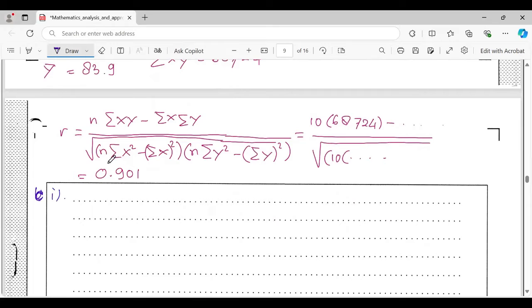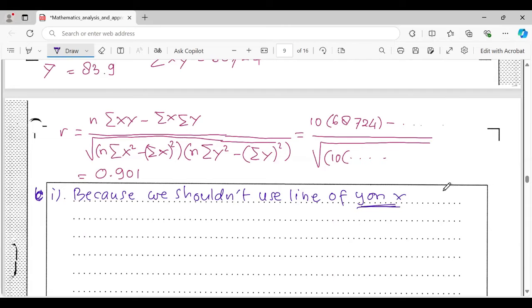It is not appropriate because we shouldn't use line of y on x. Okay.